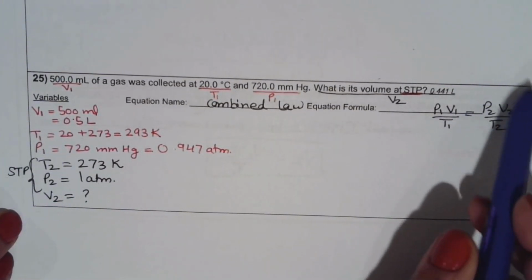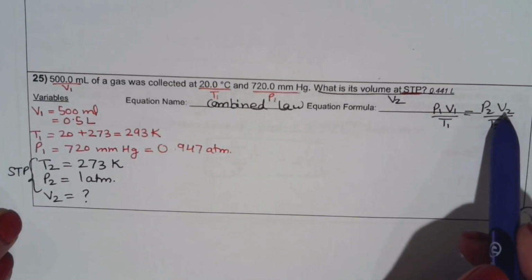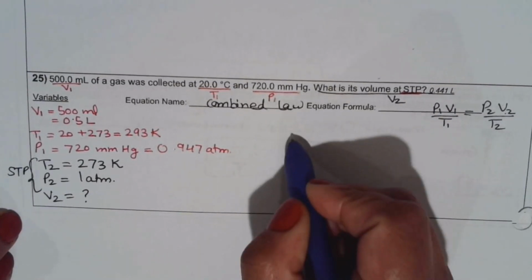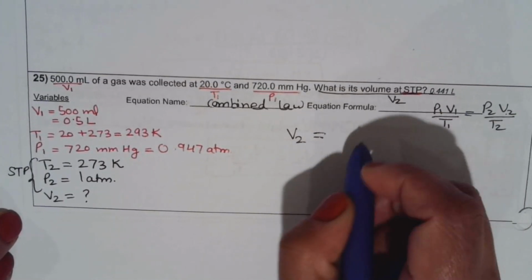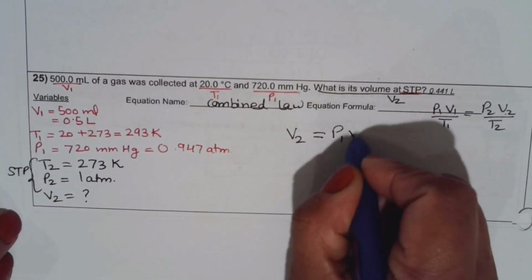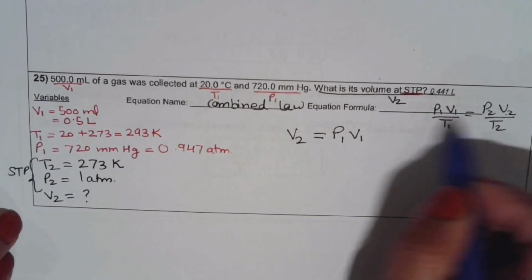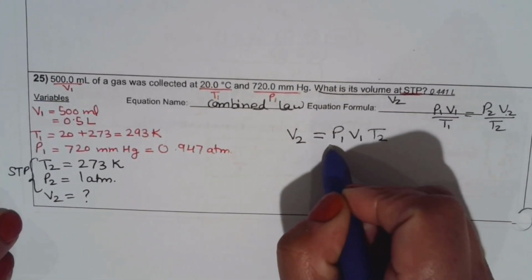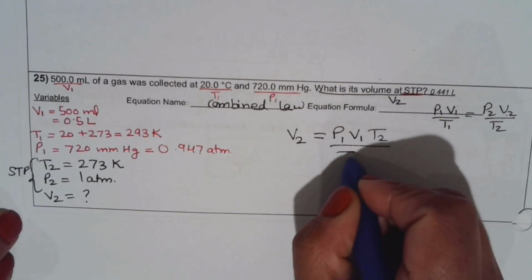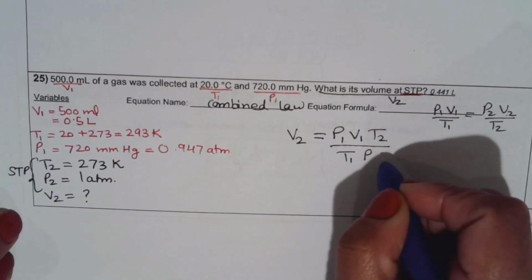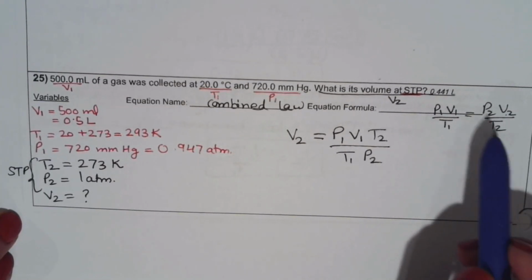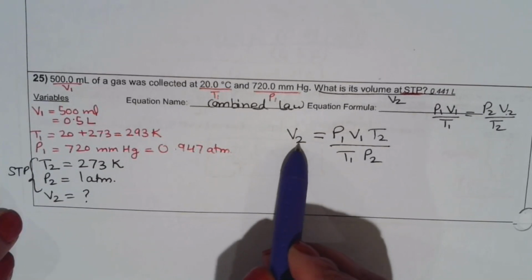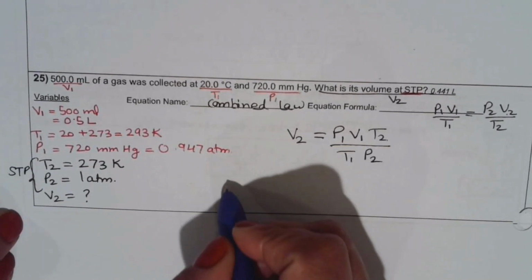V2 comes out to be P1 V1 times T2 over T1 times P2. So you can just cross multiply, rearrange the variables to solve for V2, and then plug in all the numbers.